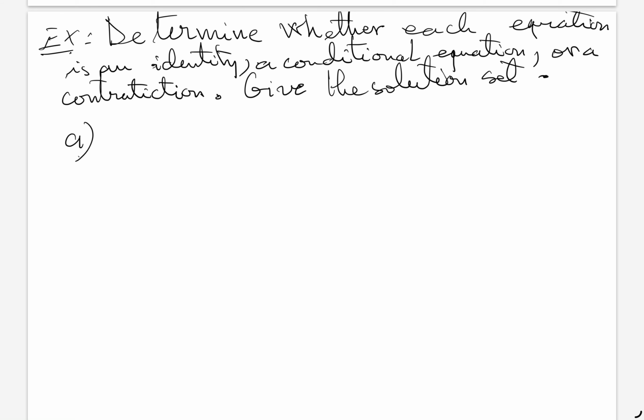Okay, you have number 8. You have negative 2 parentheses x plus 4, plus 3x is equal to x minus 8. Okay, let's check this one. Just make sure it's negative 2 parentheses x plus 4, and then you have plus 3x, equal to x minus 8. So you have to distribute inside.